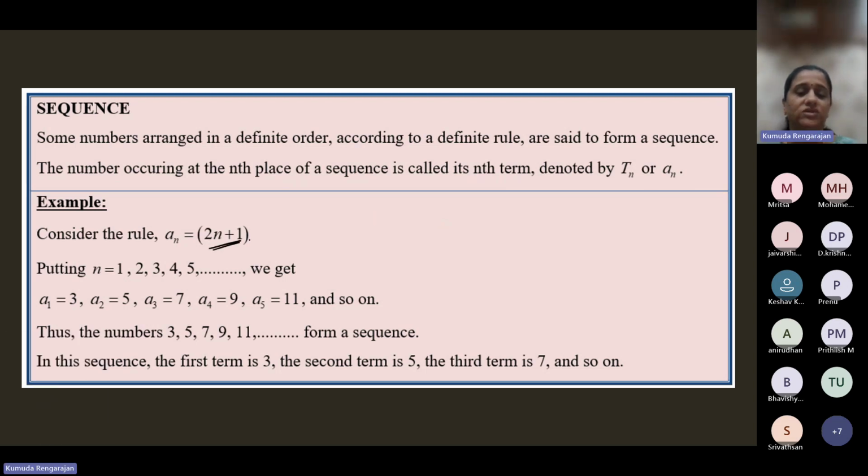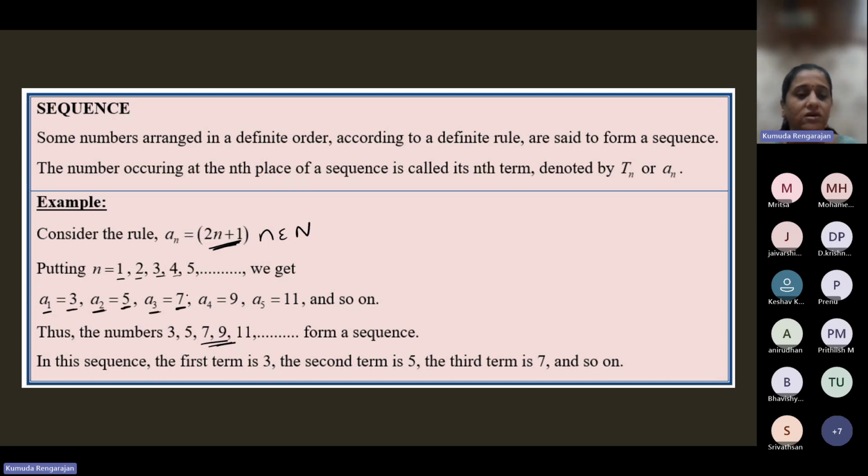So here you see this rule. We have taken a different example. In the same way, here a sequence is generated. The rule is 2n plus 1, and n belongs to natural numbers. So putting n as 1, 2, 3, 4, 5, we get a1, that is the first term, 3. Second term, 5.